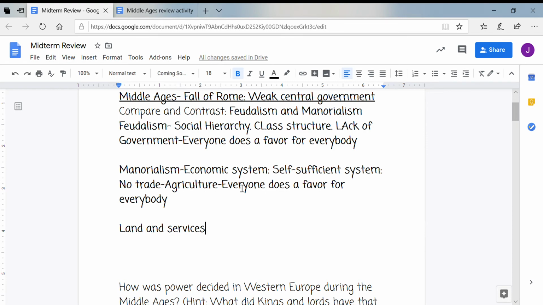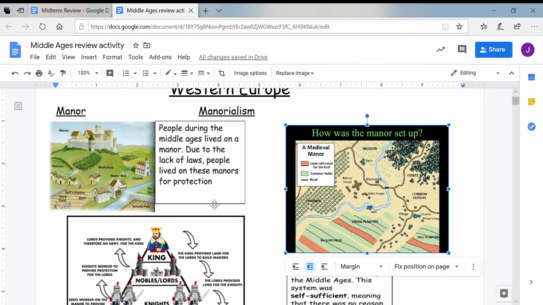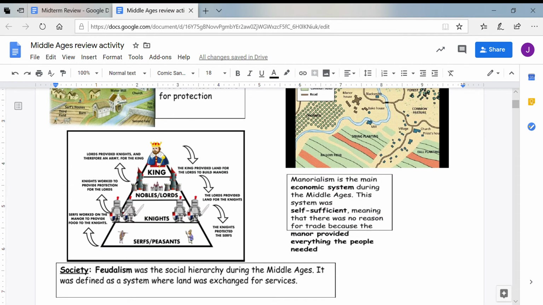So the king, let's go back to this triangle, the king gives the lords land, the lords give the knights land, and the knights give the peasants protection. And then it goes back around. The peasants give the king, knights, and lords food. The knights give everybody protection, and the lords give the king loyalty.